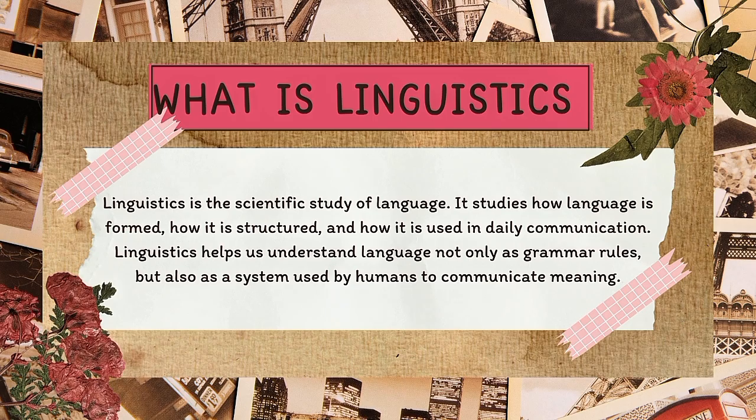Linguistics is not only about memorizing grammar rules, it also helps us understand how language works in real situations, such as in conversation, in classroom, and in written text. In linguistics, language is studied systematically, so we can understand patterns and structures in language.